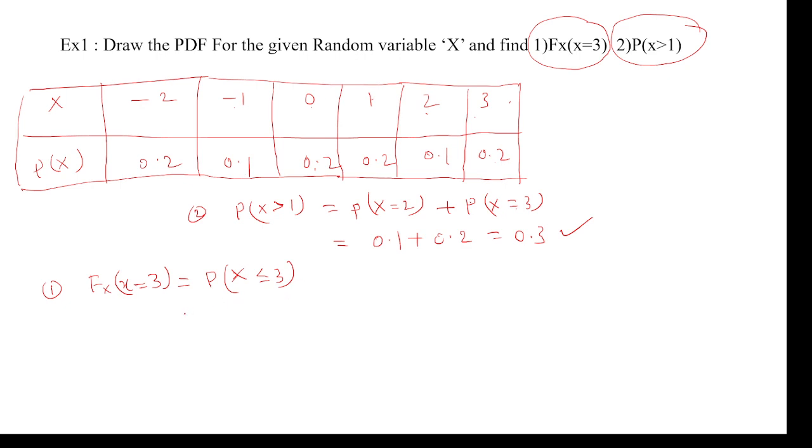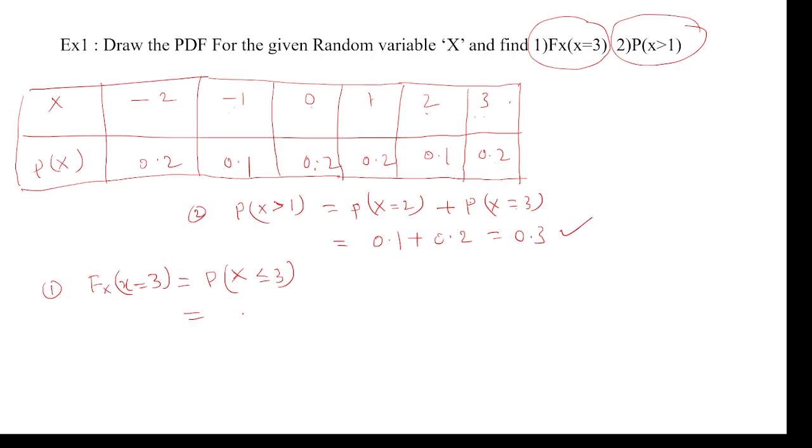So now, the values less than or equal to 3 means all the values: 3, 2, 1, 0, -1, -2. All are less than or equal to 3 only.